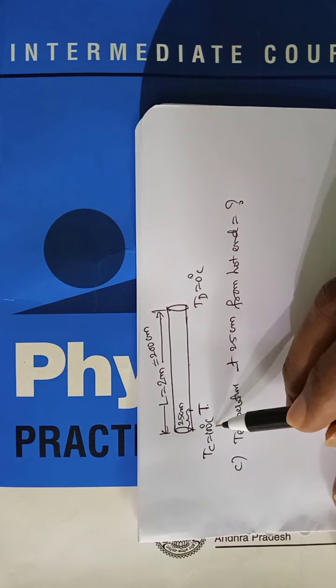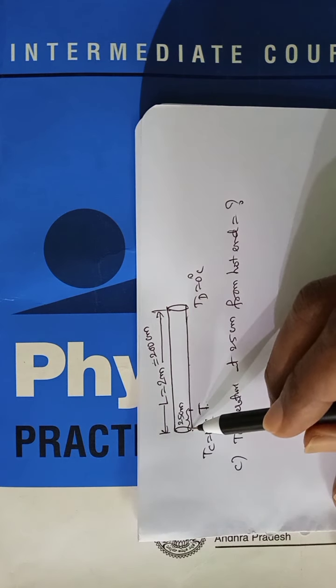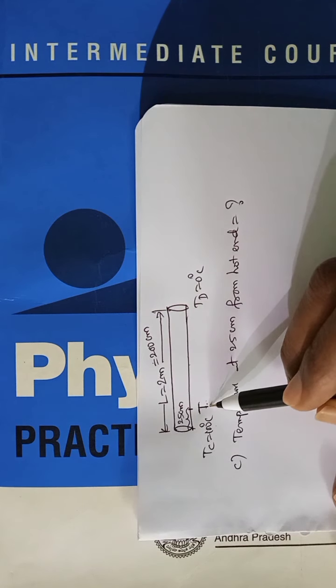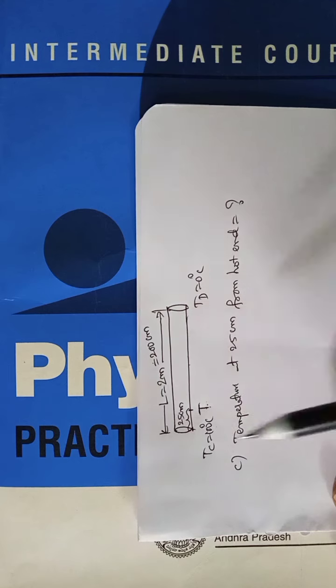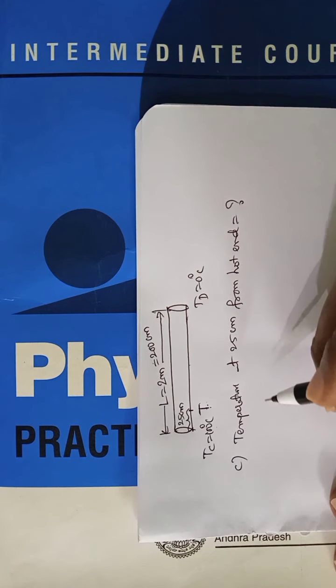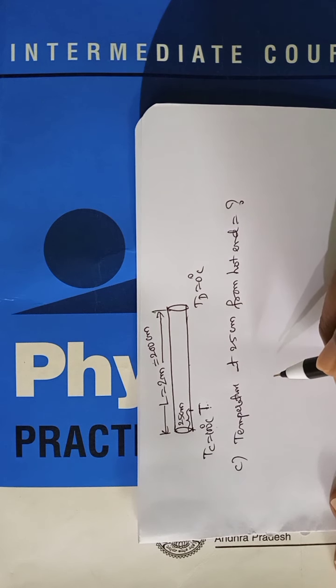So this is the hot end. From this end at a 25 centimeters distance at this point, what is the temperature that is asked? To find that, we make use of the concept temperature gradient. In heat conduction, temperature gradient is a constant.